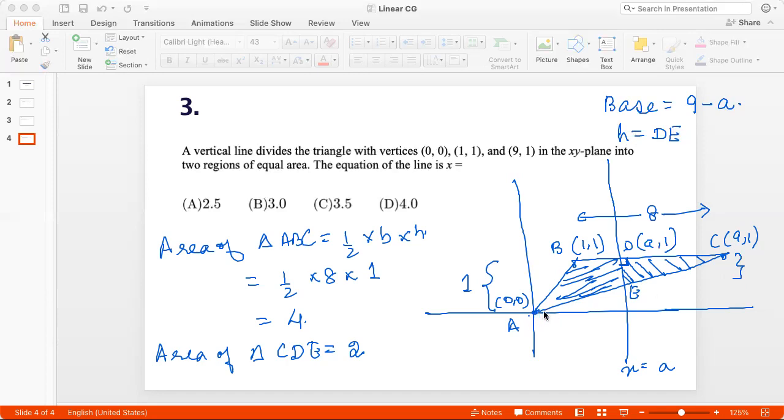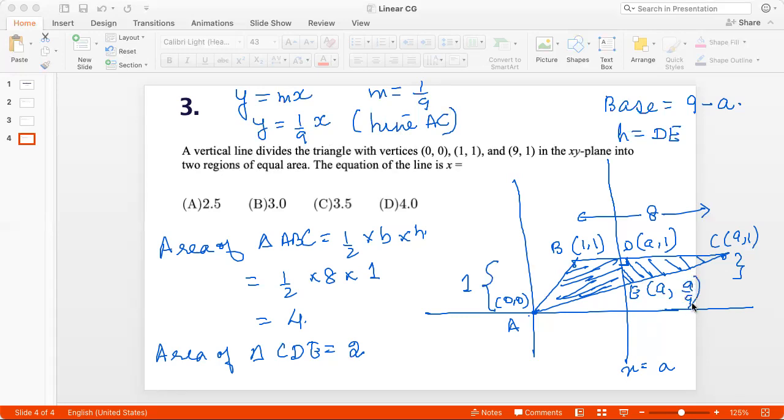I know the equation of this line. How can I find the equation of this line? y equals mx, where m is 1 by 9. So y equals 1 by 9 x. This is the equation of line AC. When this intersects with x equals a, then this point E will be a comma a by 9.